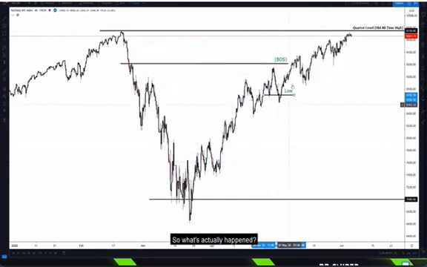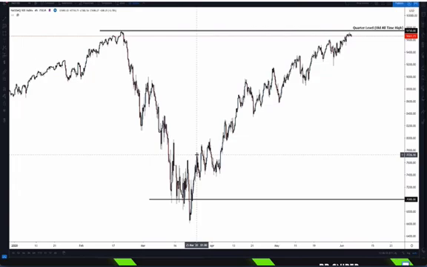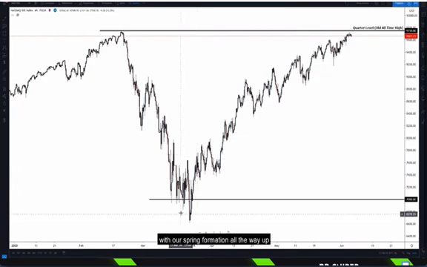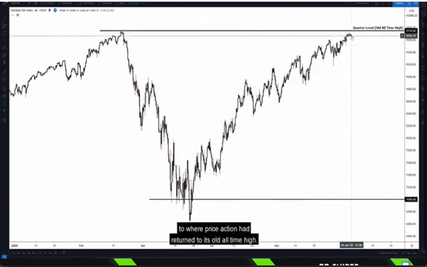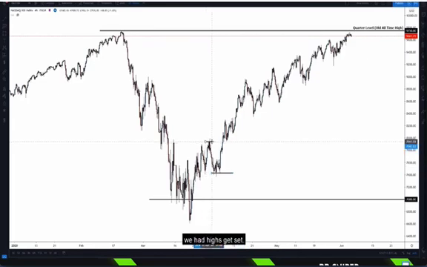So what's actually happened? We've been taking a look at the structure as it developed from that first point where we saw strength with our spring formation all the way up to where price action had returned to its old all-time high. We had lows get set. We had highs get set.